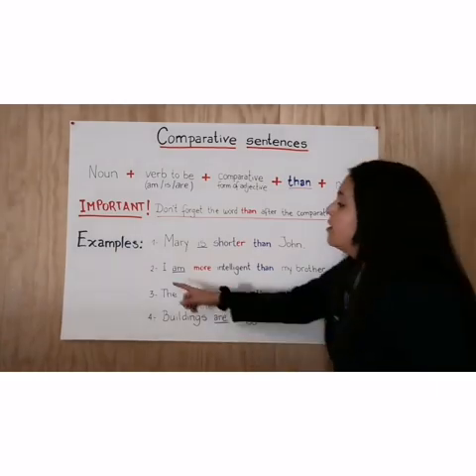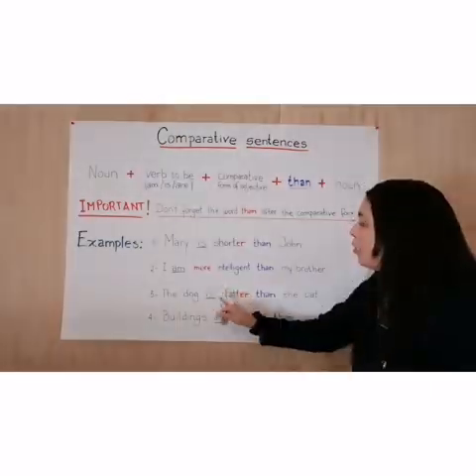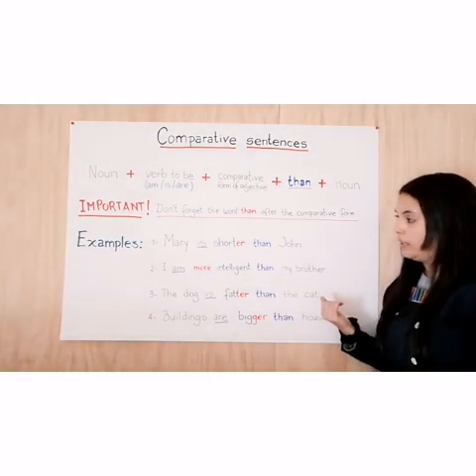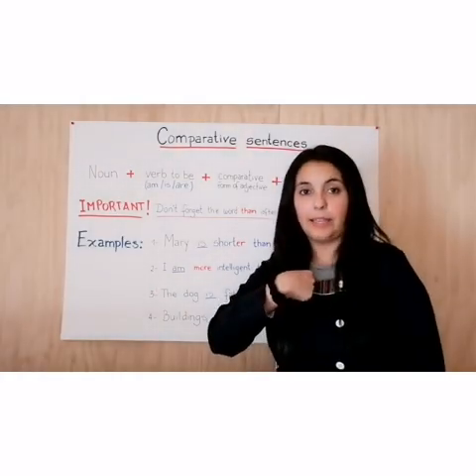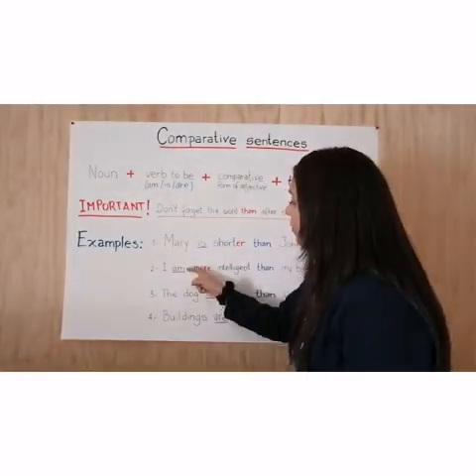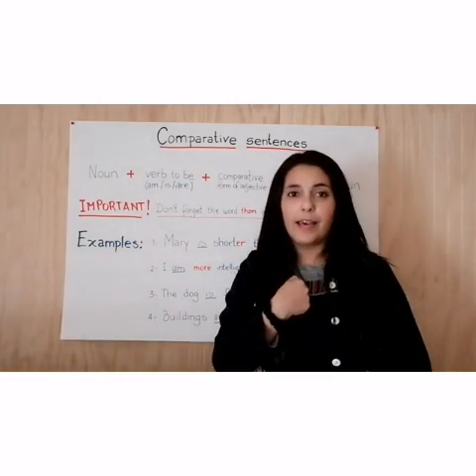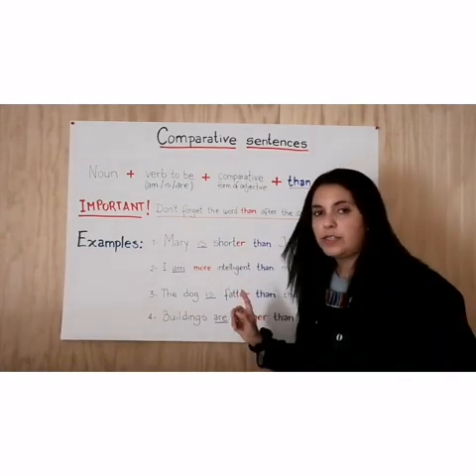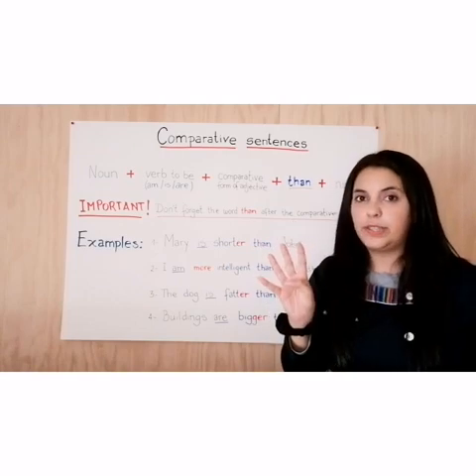Second example. I am more intelligent than my brother. I is a pronoun. I goes with the verb to be, I am. The adjective is intelligent, four syllables.